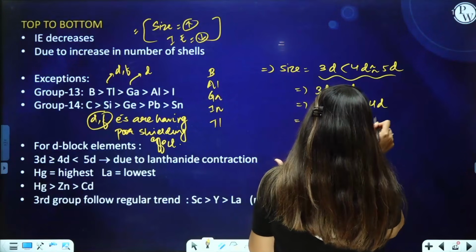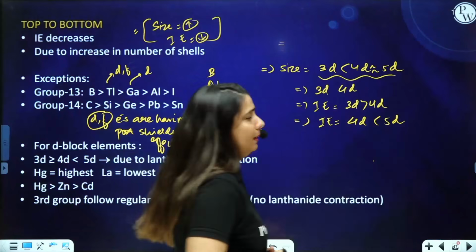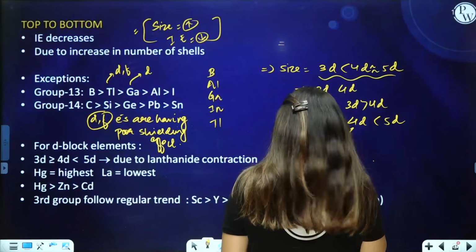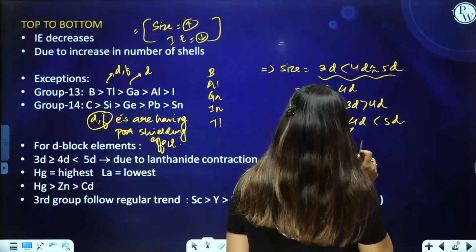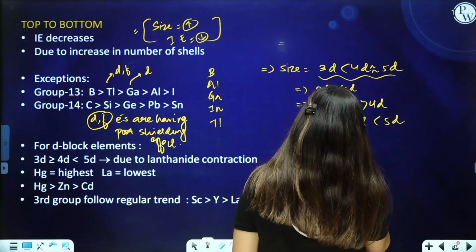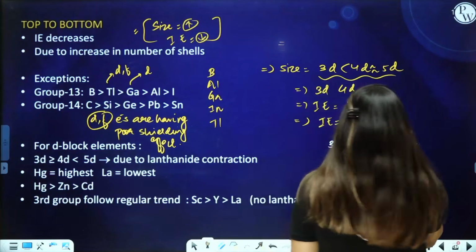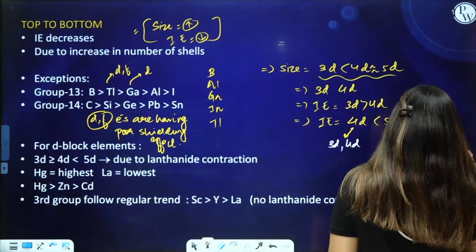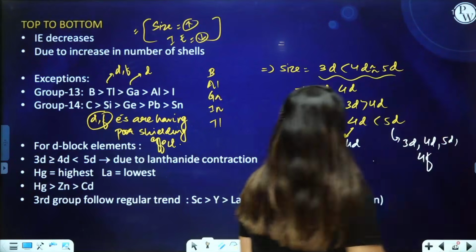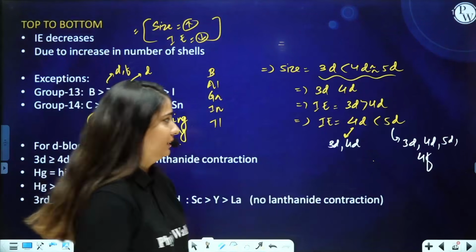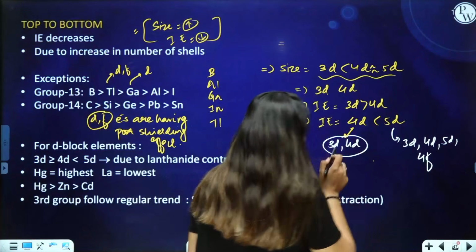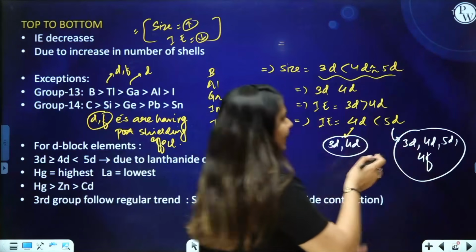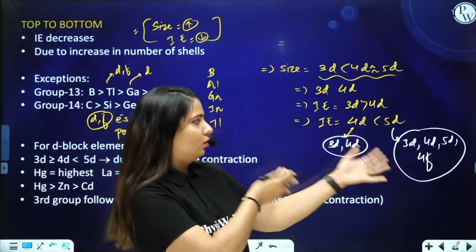See, 4D and 5D have the ionization enthalpy order as this. 4D has the electrons present as 3D and 4D. In the 5D series, we have 3D series electrons, 4D series electrons, 5D series electrons, and the 4F electrons. We have all of these electrons present. So they have the poor shielding effect of these many electrons present.